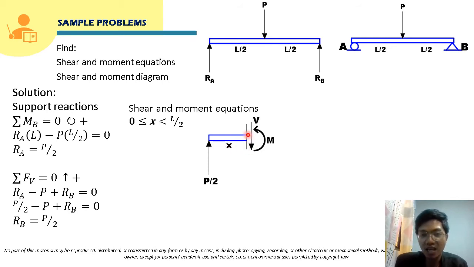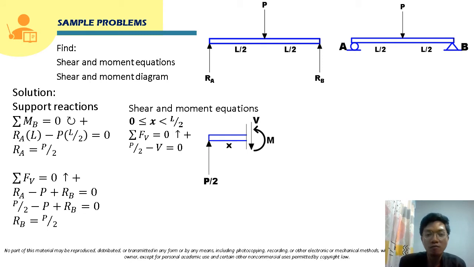At this section we put the internal shear force and the internal moment. We solve for the shear first using summation of vertical forces equal to 0. So P over 2 minus V is equal to 0, and from here V is equal to P over 2. This is now the equation for shear from 0 to L over 2.